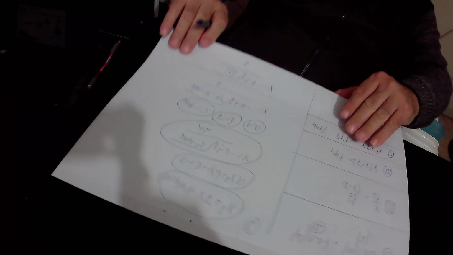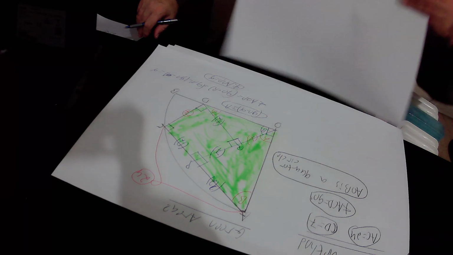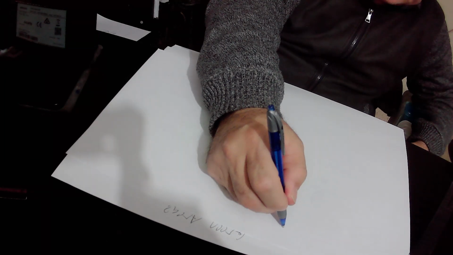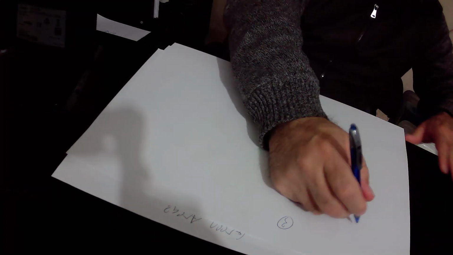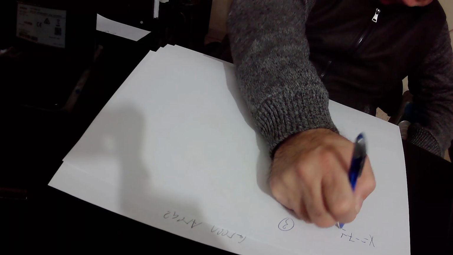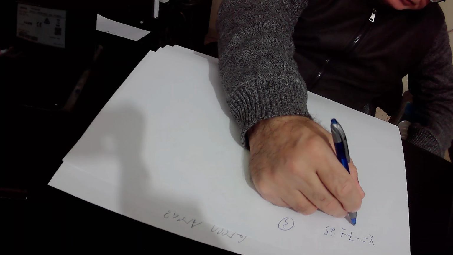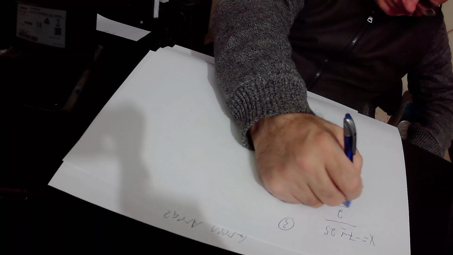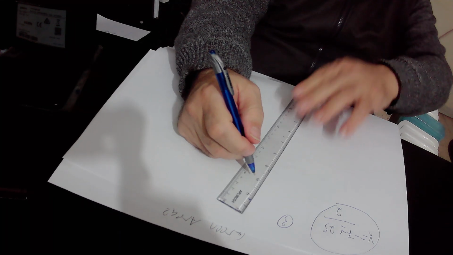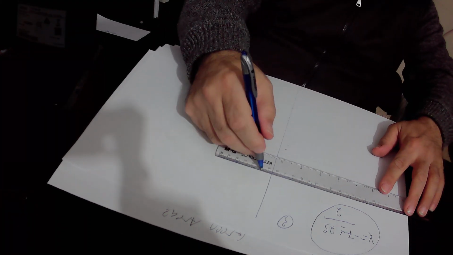So x equals minus 7 plus minus the square root of 625, which is 25, over 2. So here we will have two possible solutions for x.